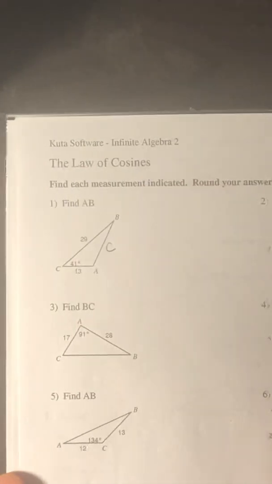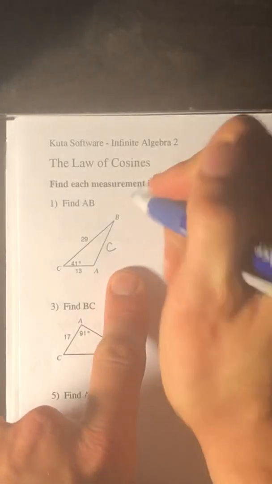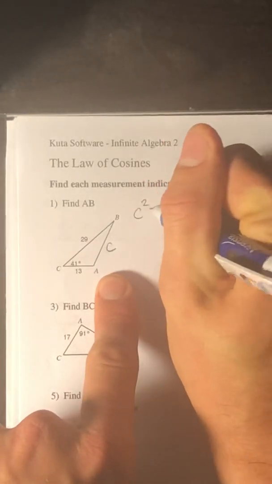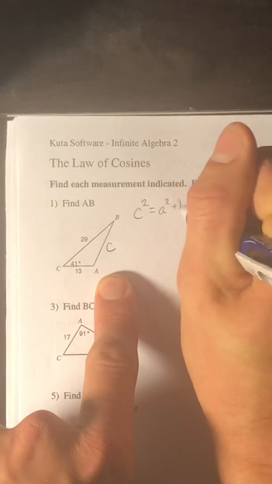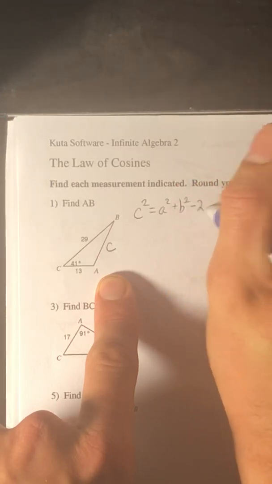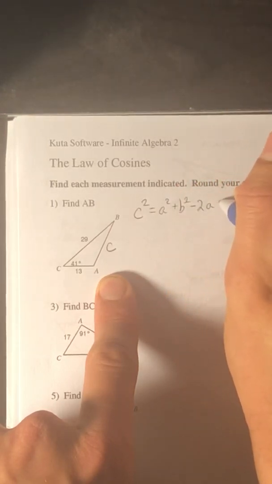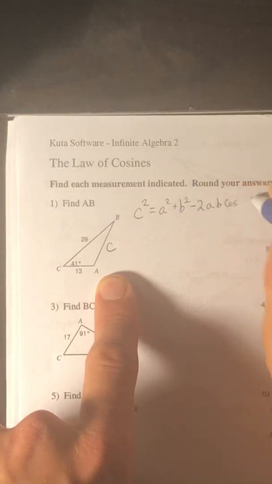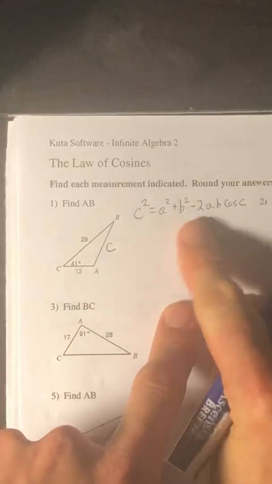It's going to be c squared equals a squared plus b squared minus 2 times a times b cosine of C, and all this is multiplied.